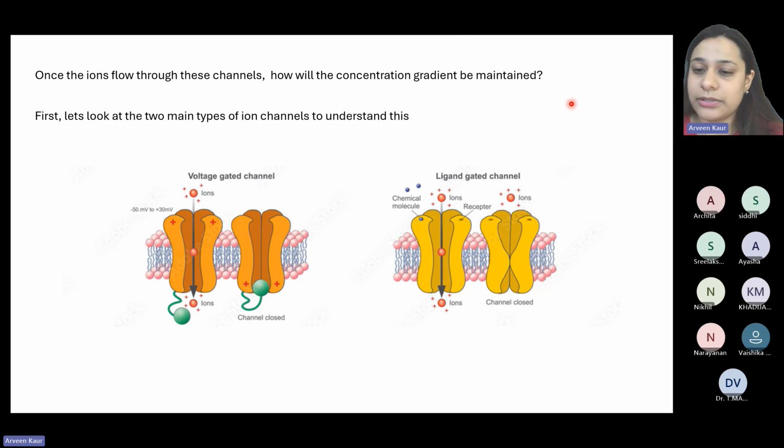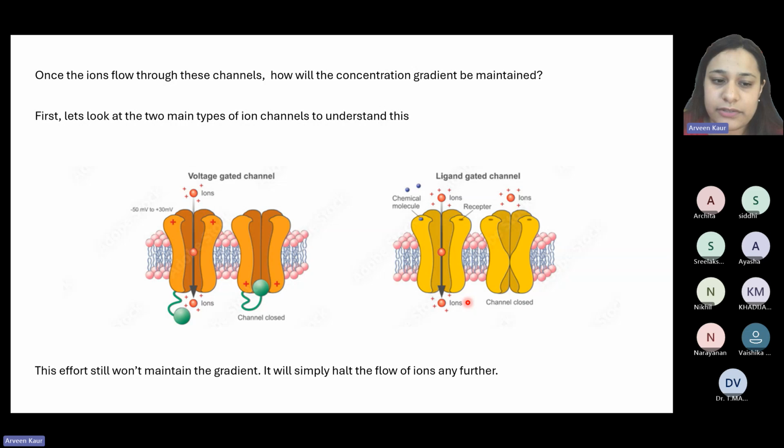These channels will close. So that is how they will first stop the movement of ions, right? But this by itself won't maintain the gradient. It will simply halt the flow of ions any further.